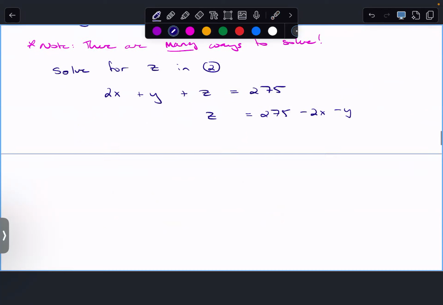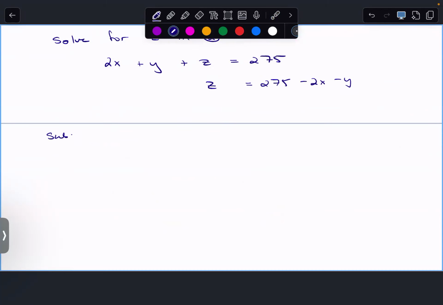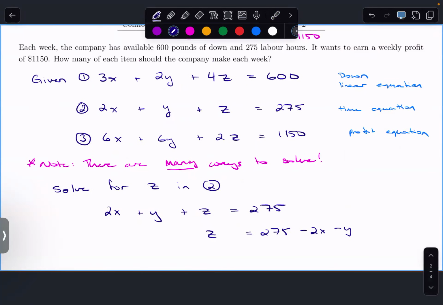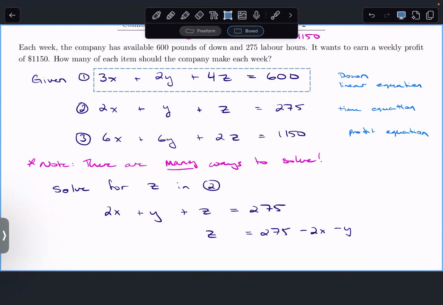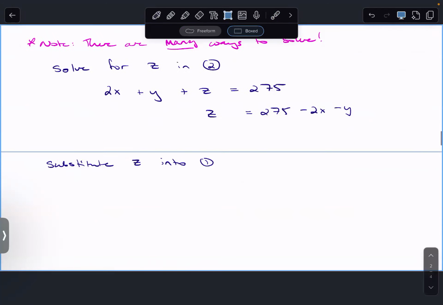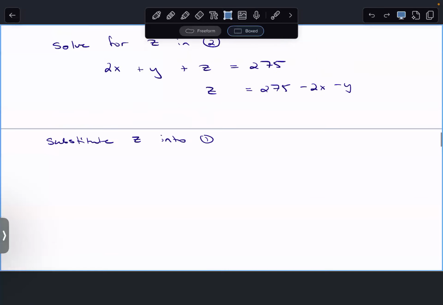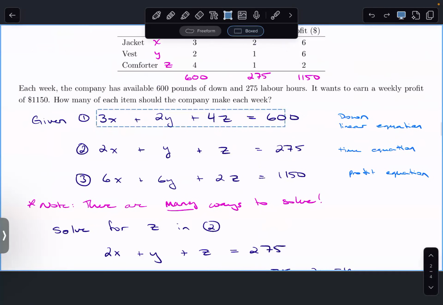I'm going to substitute z into 1 first. I'm just going to cheat and copy it. But it was not what I copied.